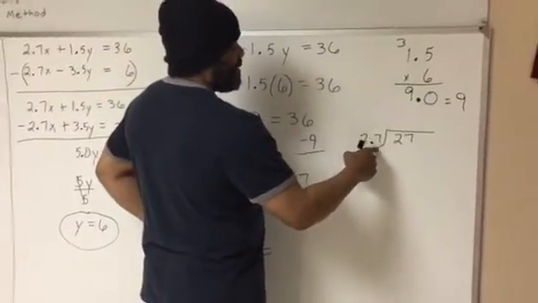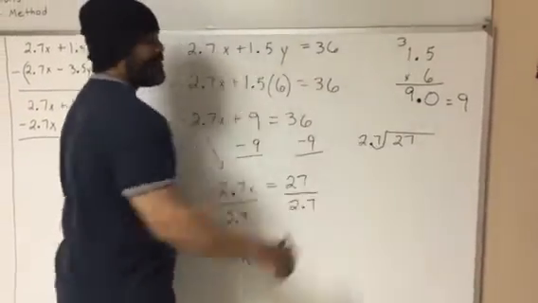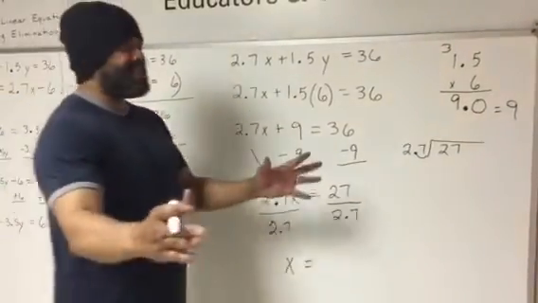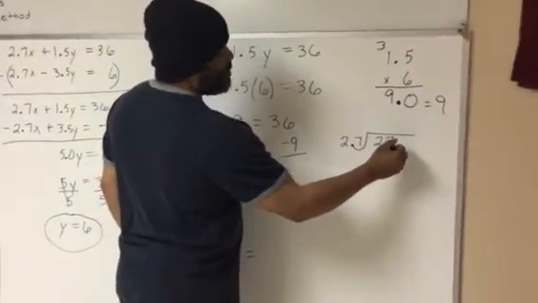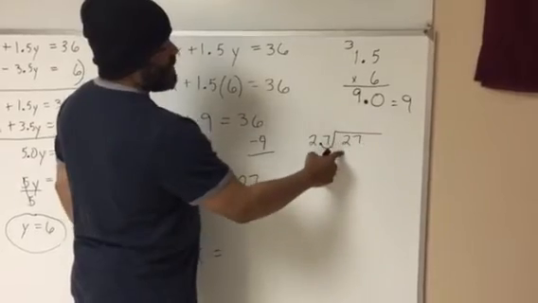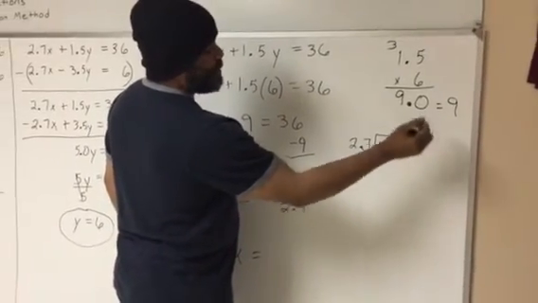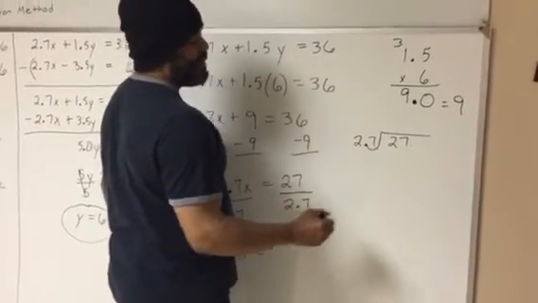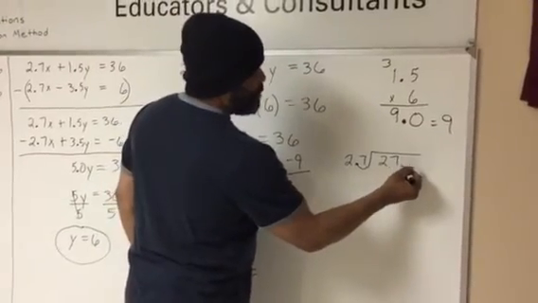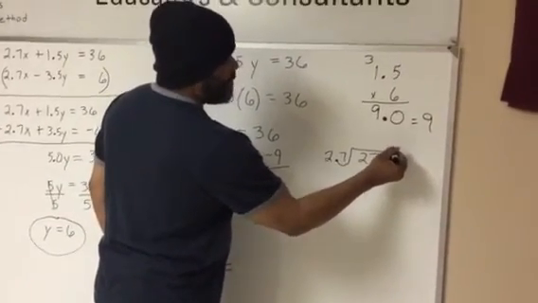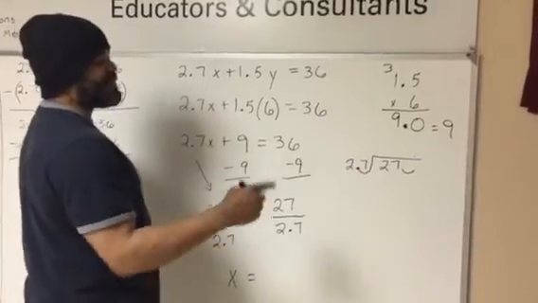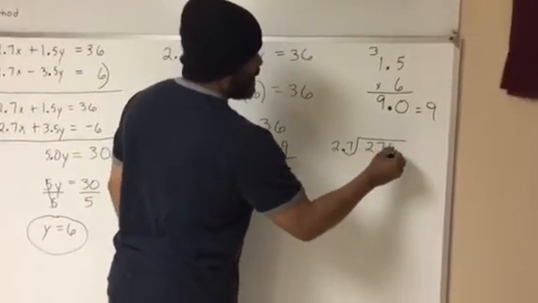And then whatever I do out here, I need to do out here. So I have to move this decimal. Only thing is I don't see a decimal. If you don't see a decimal, it's always in the back. It's right here. That's like having $27. If I put a decimal right there and add zeros, it's still $27. It doesn't affect anything. But I have to move it one time, and then it goes up here in my answer. So if you move it one time and nothing's there, what do you plug it in with? You plug in a 0.